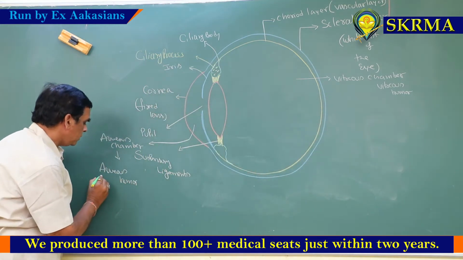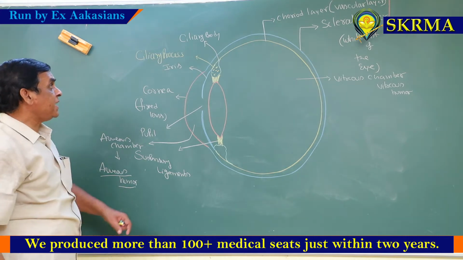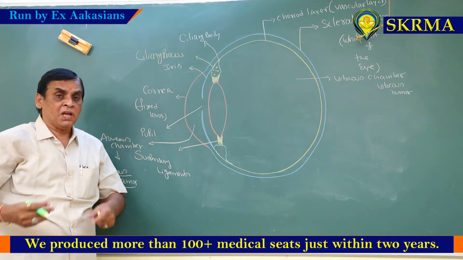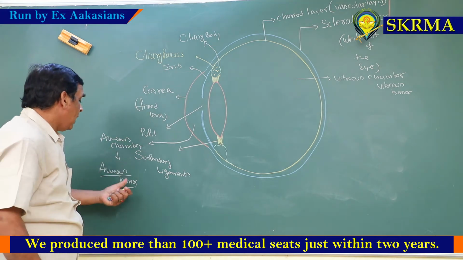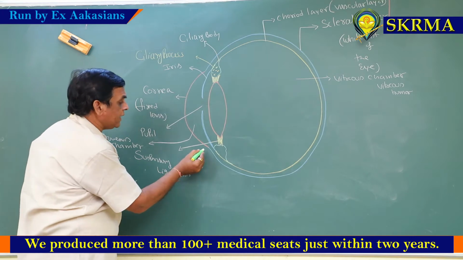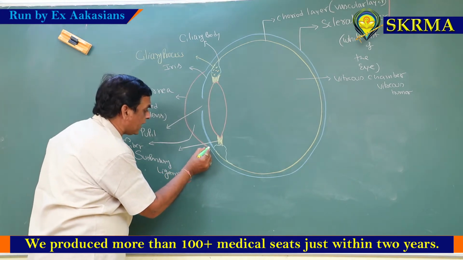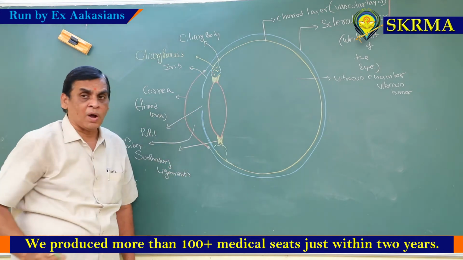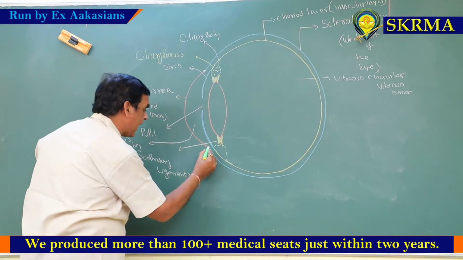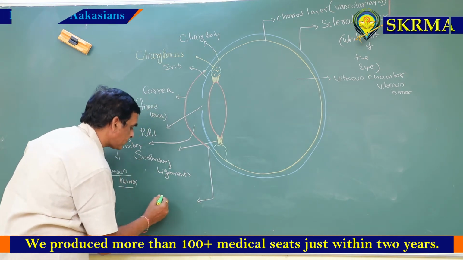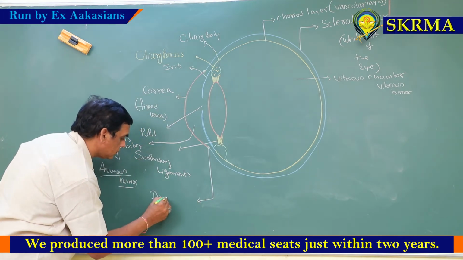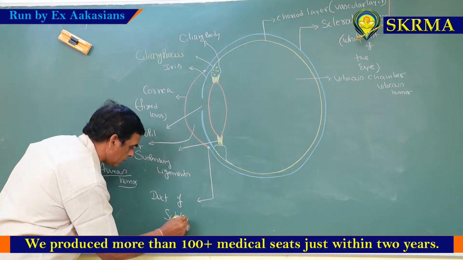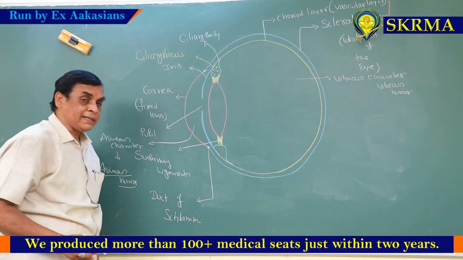Now you see, this aqueous humor is secreted by the ciliary process. The ciliary process continuously releases the aqueous humor. Here, this is the sclera and the cornea. In this area there is a duct or opening known as the duct of Schlemm.